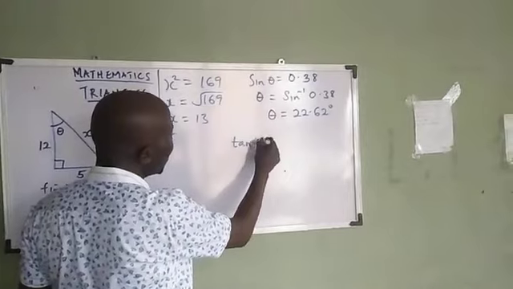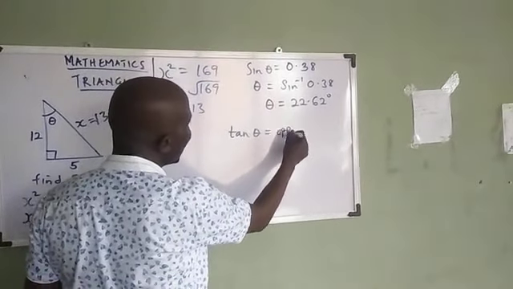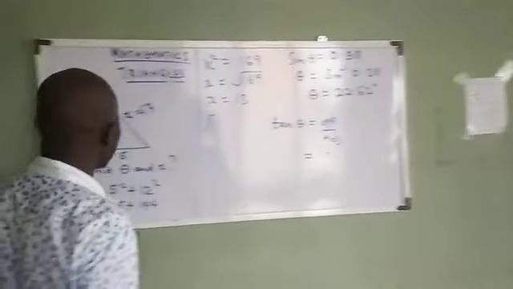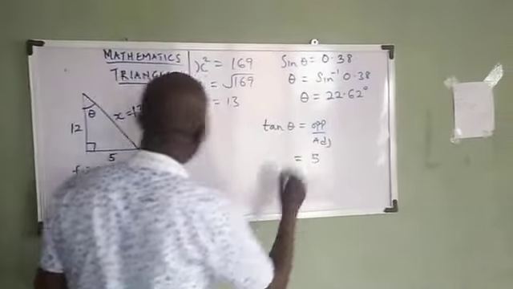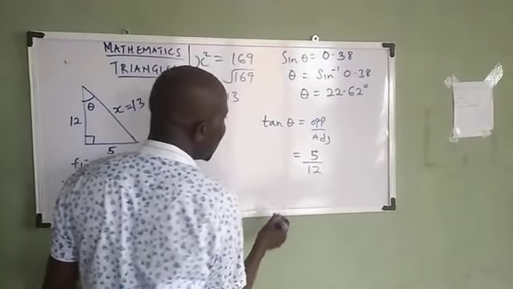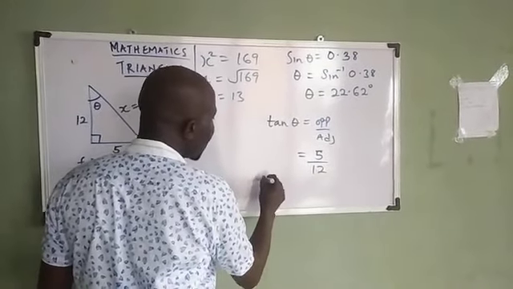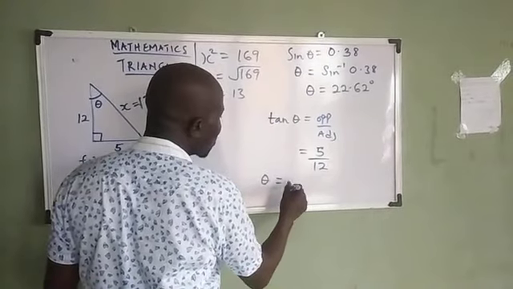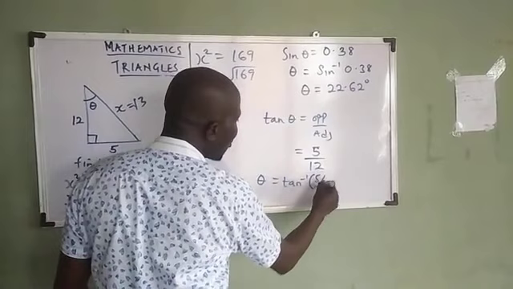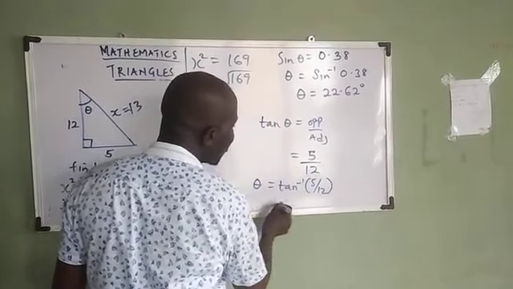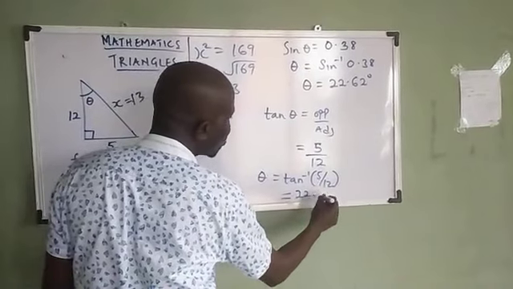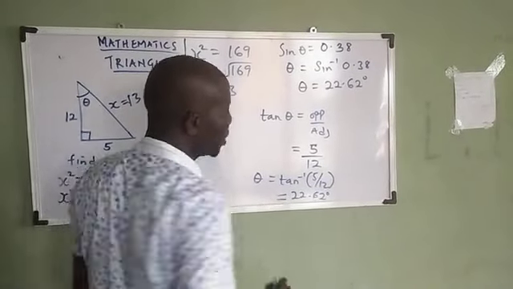Tan theta equals opposite over adjacent. What's our opposite? 5. What is our adjacent? 12. So theta will now equal arctan 5 over 12. That will also give us 22.62 degrees.